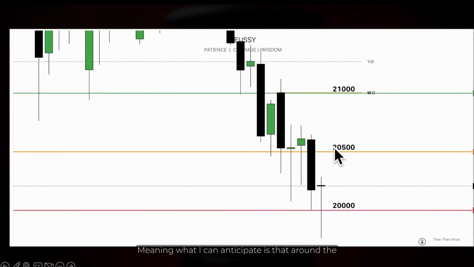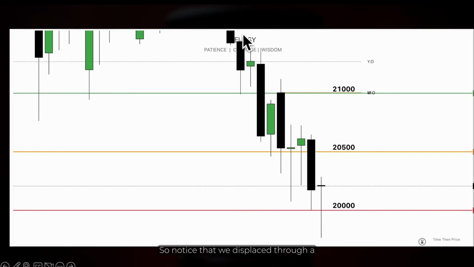Meaning, what I can anticipate is that around the 20,500 price level, we're likely going to see some form of consolidation. Notice how the market wicked multiple times below that orange line, which represents equilibrium of that bigger range. But notice how it took a long time before it finally displaced through it and reached that 20,000 price level. That shows you that the reaction to equilibrium can be monitored whenever a new range gets entered.